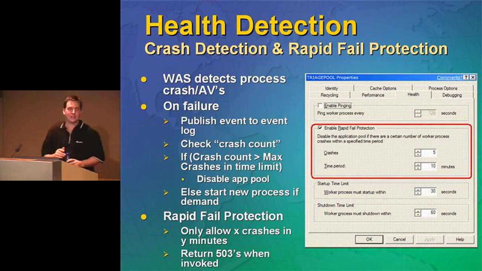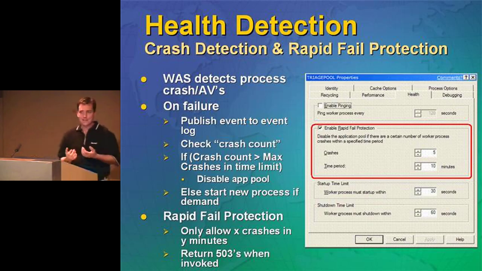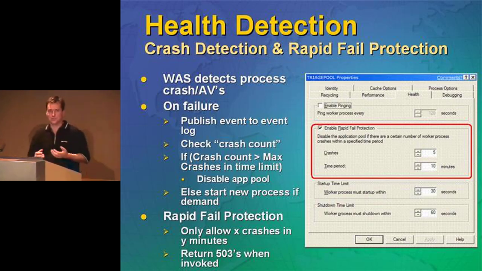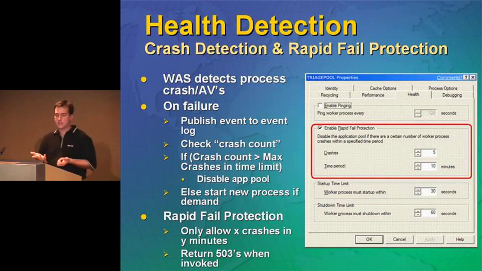In addition to recycling, we have these health detection features in IIS 6. Health detection is basically a way that IIS 6 can detect if your app is running okay or not. One of the components of health detection is the rapid fail protection state. IIS can monitor the worker process and detect if it's crashing or not.